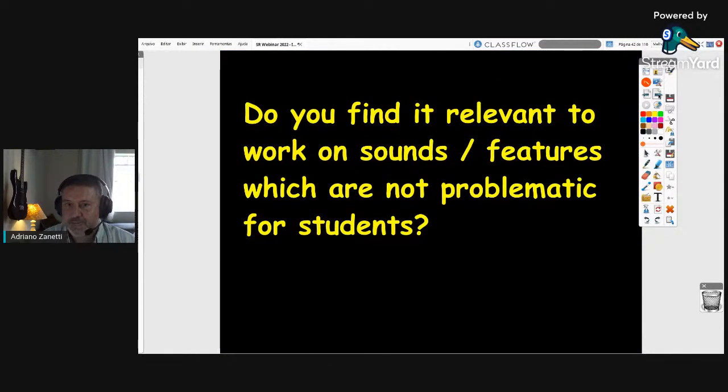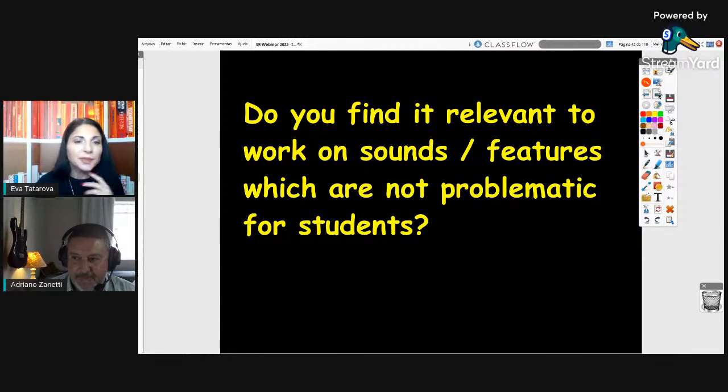And a question for you. So the question is whether we find it relevant to work on sounds and features which are not problematic for students. Yeah, it's quite interesting. What do you think? Yeah, on one hand, it seems like you shouldn't invest that time into it.